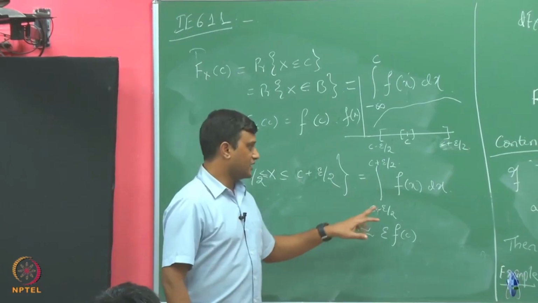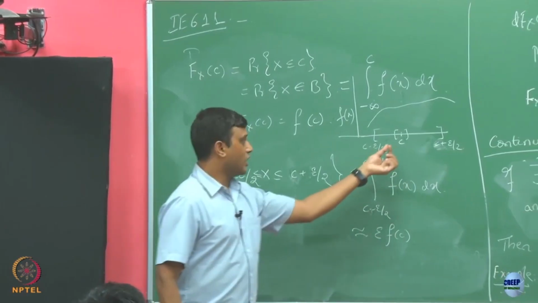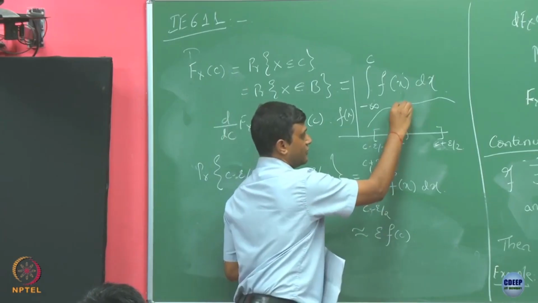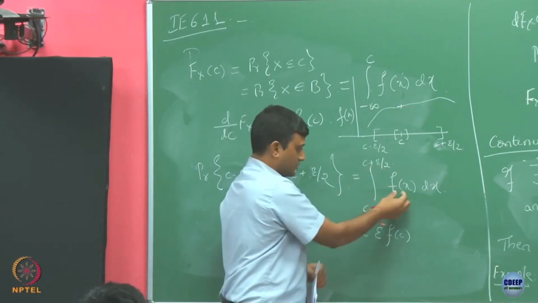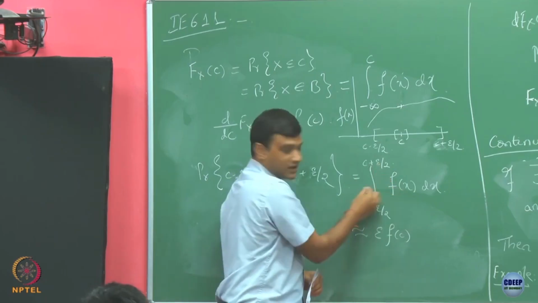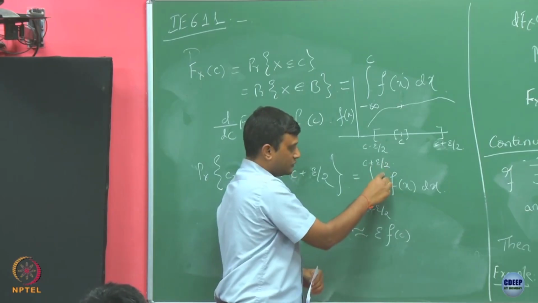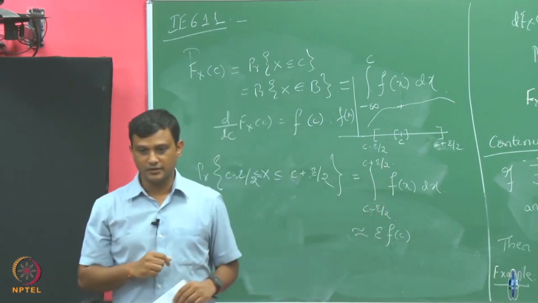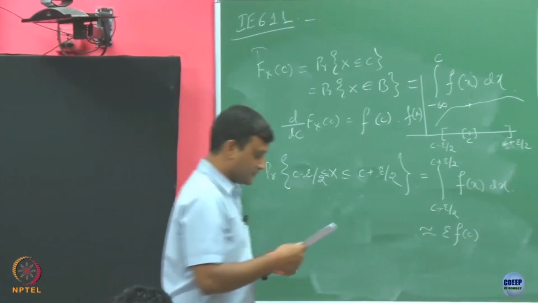I assume that in the small interval it is almost constant, just taking the value of f of c, then this will come out, and you will be left with epsilon by 2 plus epsilon by 2, so that will give you an epsilon, right, in that range.